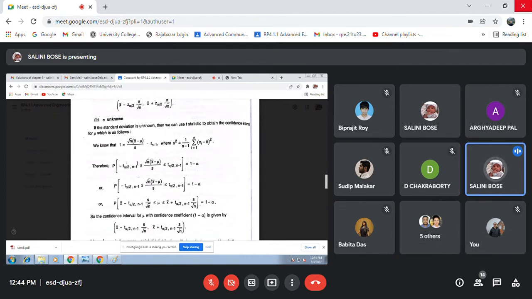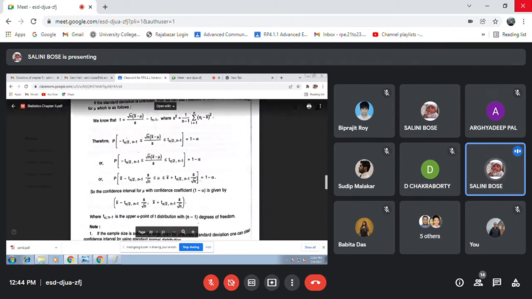That is why it is written like this. On the left side the lower limit will be minus T alpha by 2, and on the upper side it will be plus T alpha by 2. And this n minus 1 is written just to mention the degrees of freedom.